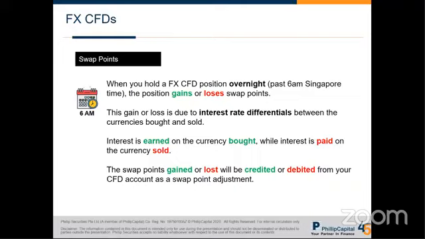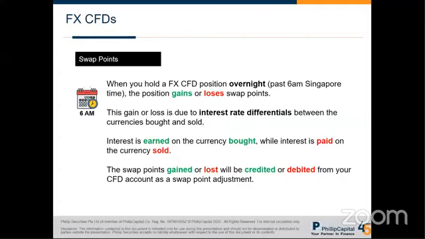This swap point is actually the interest rate differential between the currency you bought and sold. You earn interest when you buy a currency with a higher interest, because when you buy a currency you are selling the other one, so we call it a pair. When the one you purchase has a higher interest and the one you sold has a lower interest, you have a chance of receiving the swap point, because it could be a positive swap, but it also depends on the market condition.